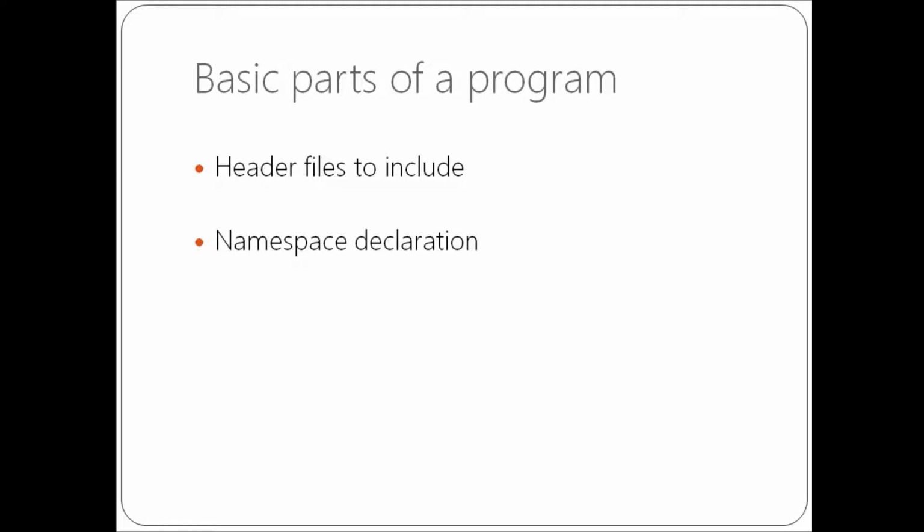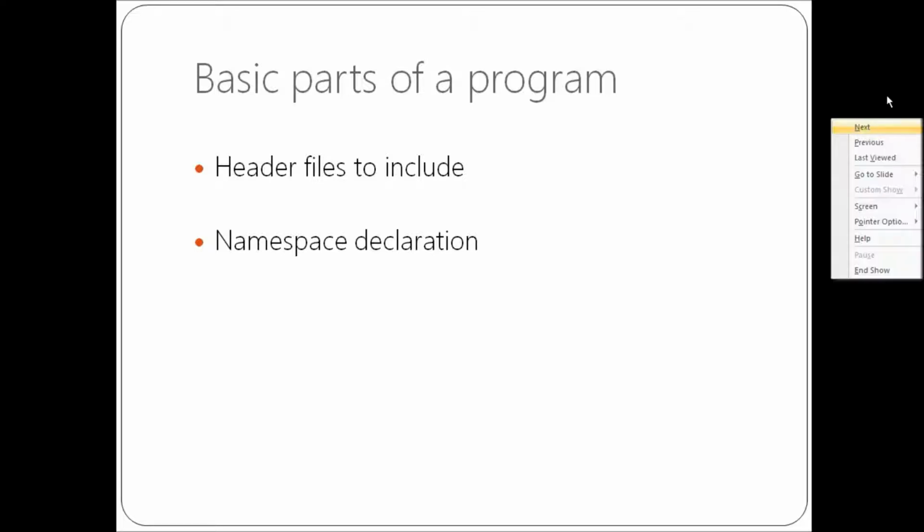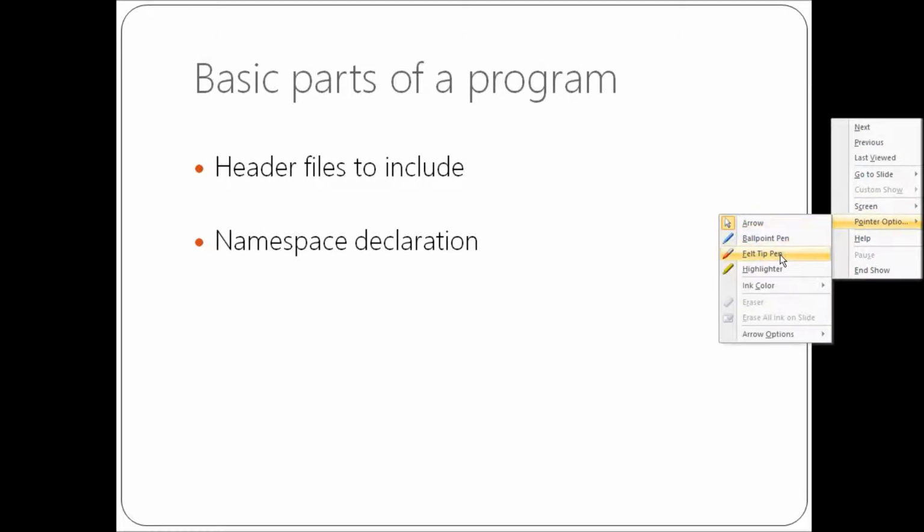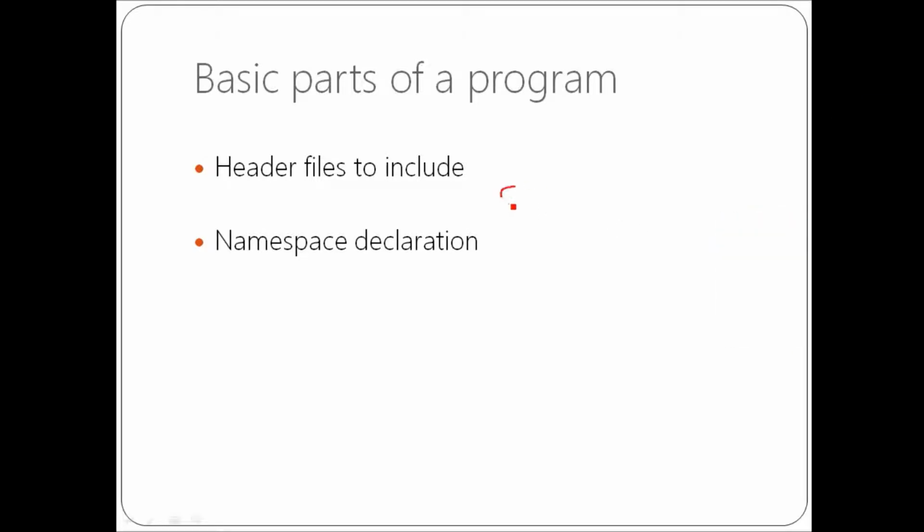A namespace is basically almost a folder or a scope. For example, the way you write some text onto the screen is you write cout, and then some text, with a semicolon.